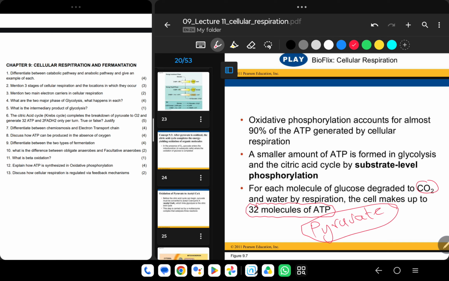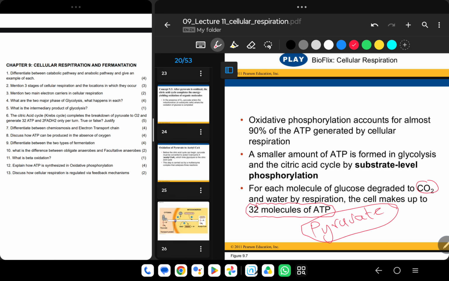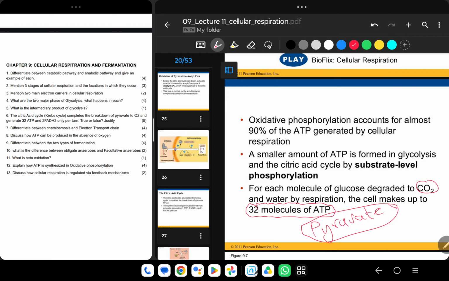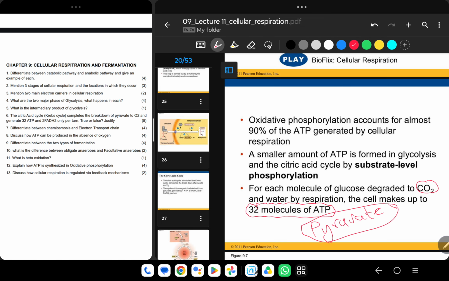Here they need you to tell whether this is true or false. So obviously this is false.